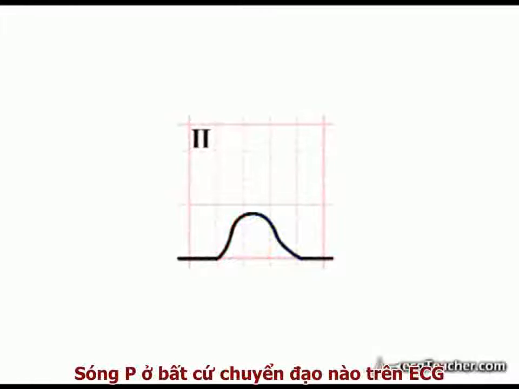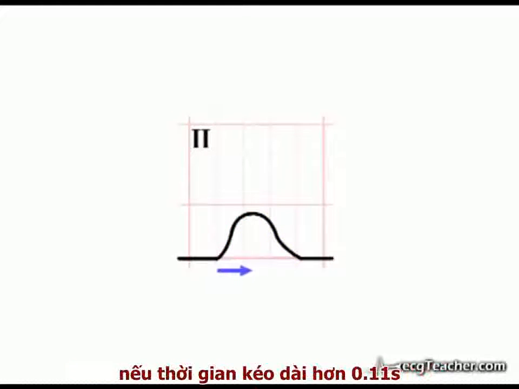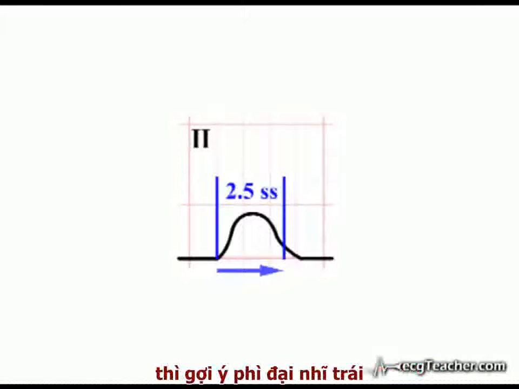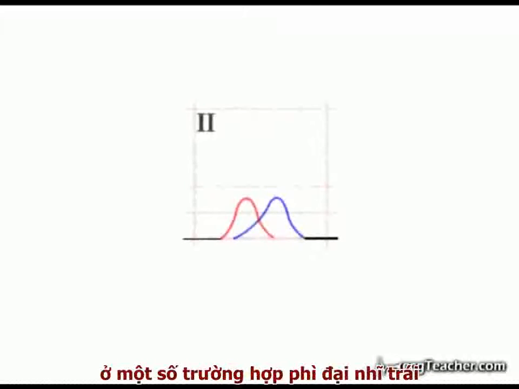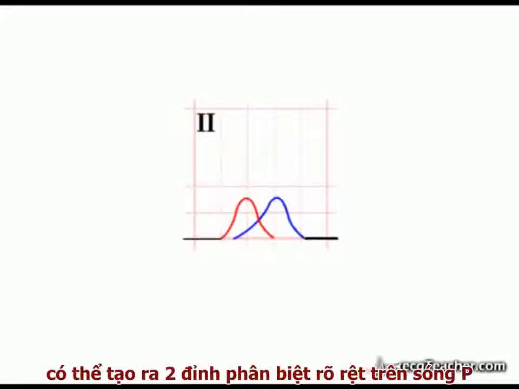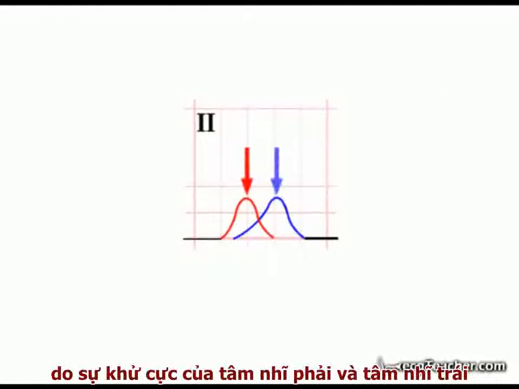A P wave in any lead on the ECG longer than 0.11 seconds in duration, in practical terms more than 2.5 small squares in width, is highly suggestive of left atrial enlargement. In addition, in some cases of left atrial enlargement, increased asynchrony in the depolarization of the chambers may result in two readily identifiable separate peaks in the P wave due to right and left atrial depolarization.